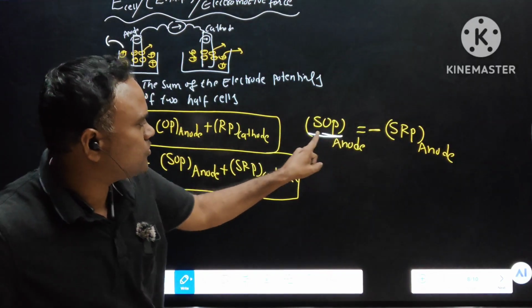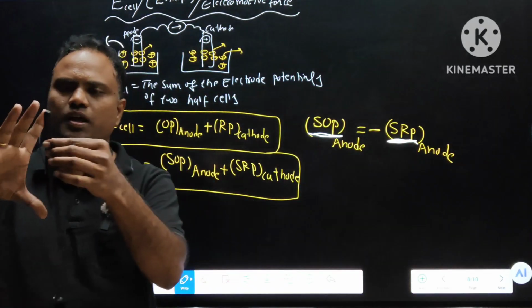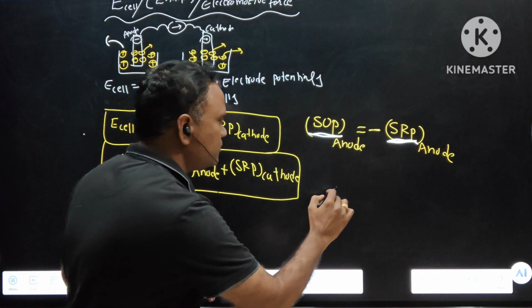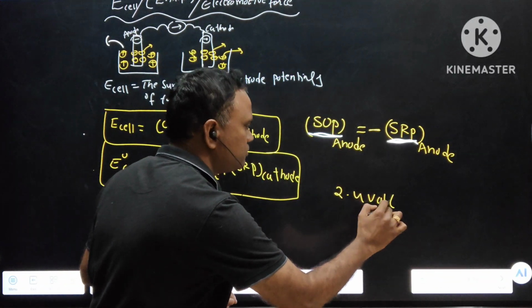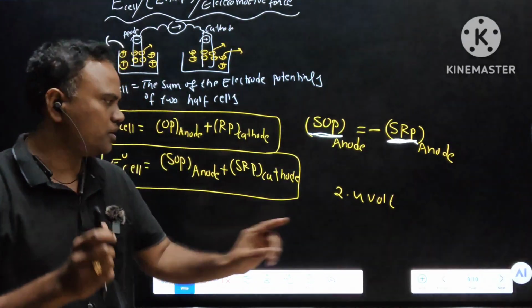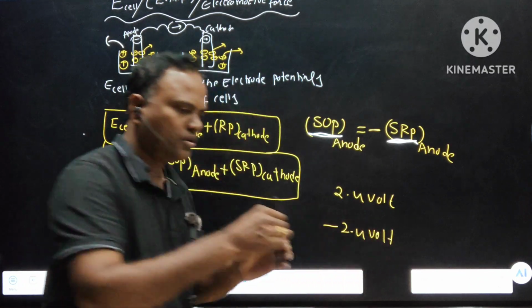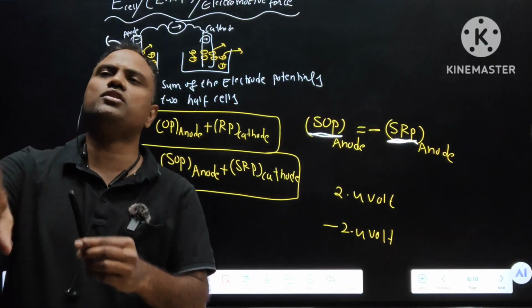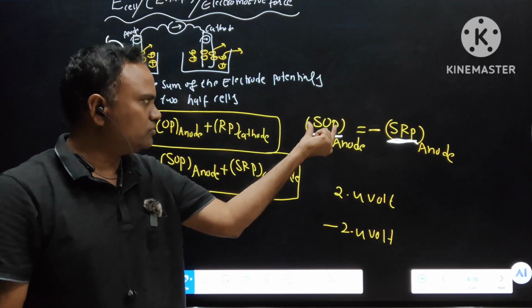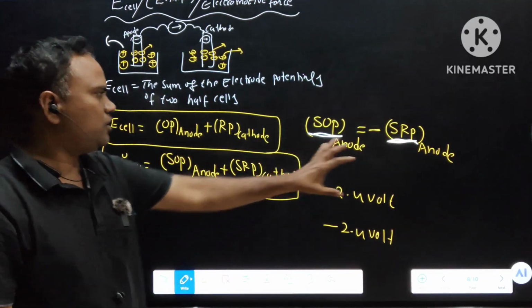We just have to change SOP to SRP. For example, take one anode whose oxidation potential value is 2.4 volt. This is the anode rod whose SOP is 2.4. If you put a negative sign, it is still the anode, but you have to call it a reduction potential, with the opposite sign. Now apply this here.